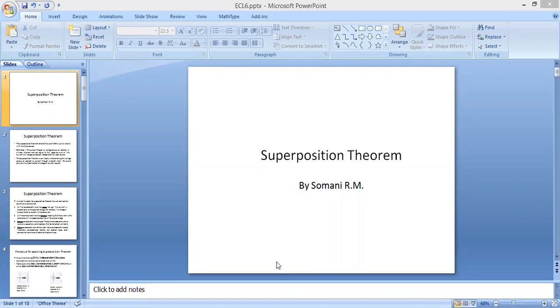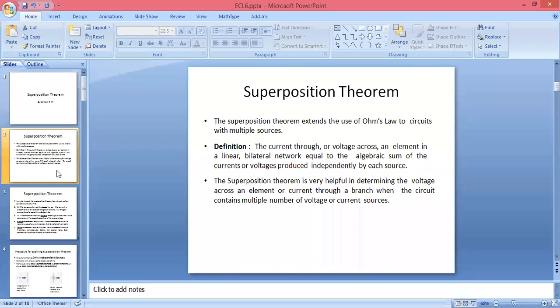Today we will see about the superposition theorem. The superposition theorem extends the use of Ohm's law to circuits with multiple sources.